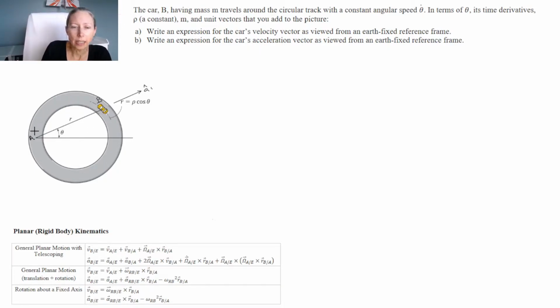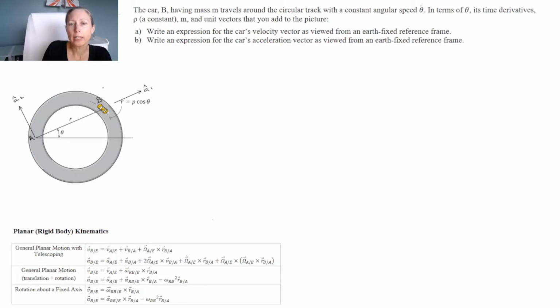And then I need another unit vector that is perpendicular to A1, and it points in the direction of increasing theta. So this is going to be A2. A3 is going to be A1 cross A2, so it's going to be coming out of the screen. Okay, so there's my rotating reference frame.